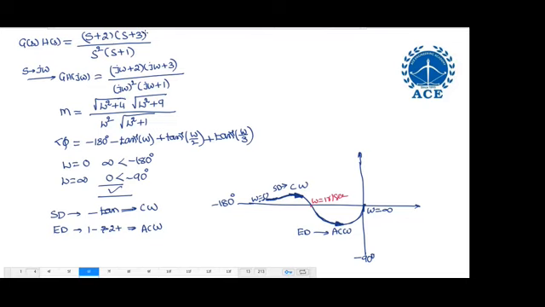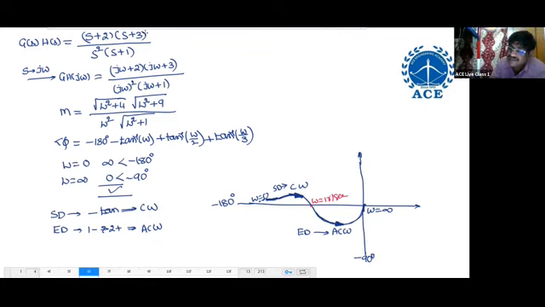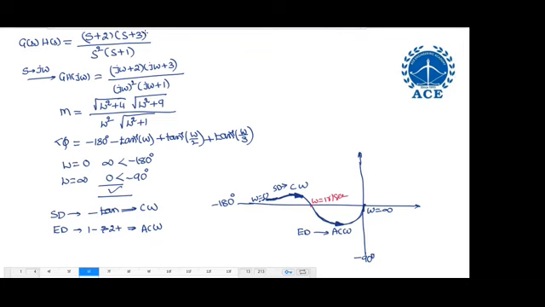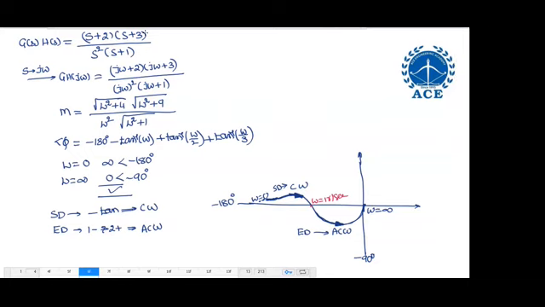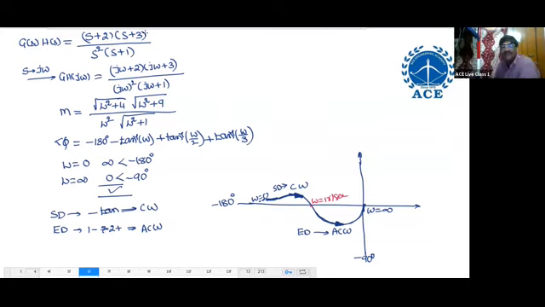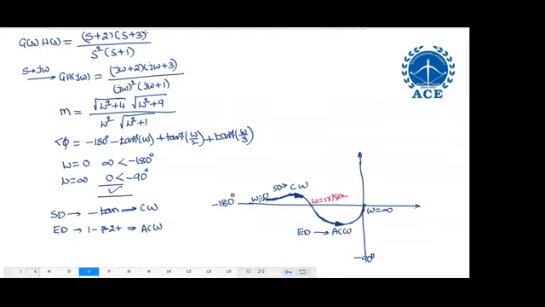So, last doubt. There was one IAS question: the angle between two adjacent asymptotes in the root locus diagram.